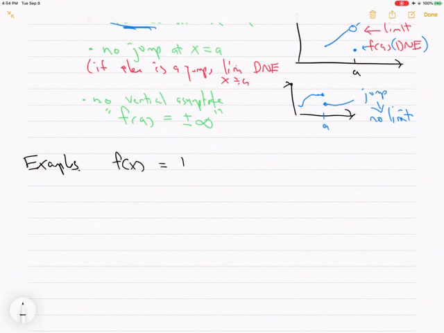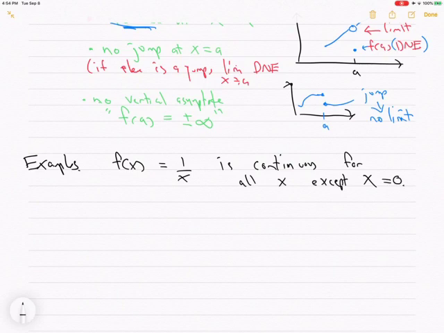So f of x equals 1 over x is continuous for all x except x equals 0. Okay? So at x equals 0, we see that f of 0 just does not exist.